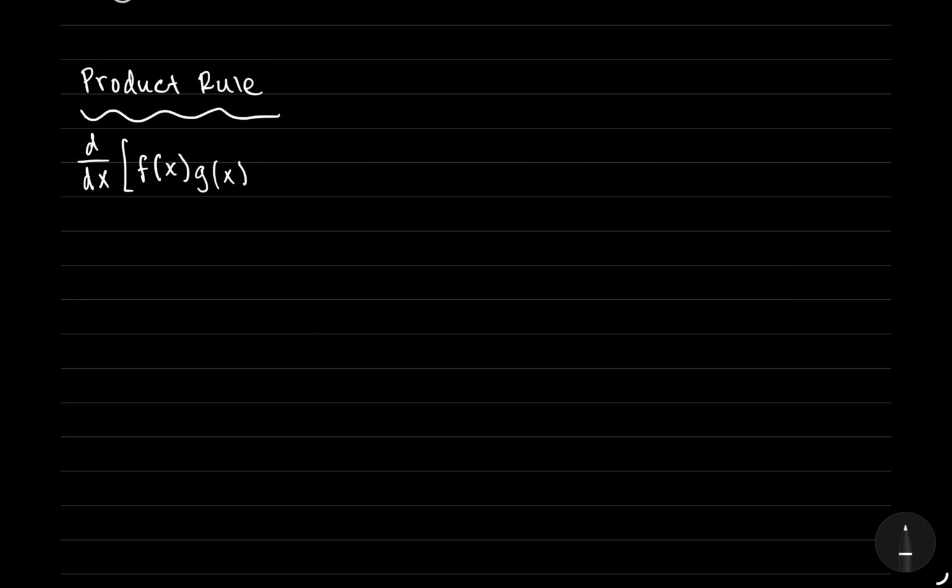Okay, next we're going to talk about the product rule. The product rule formal definition is written d/dx of f of x times g of x, which we'll talk about what that looks like in just a moment, equals f of x times g prime of x plus f prime of x times g of x.